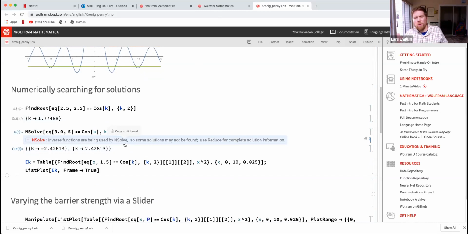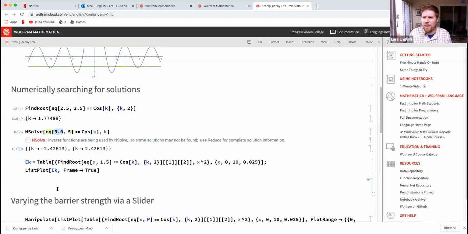Okay, so now we want to go a little bit further. We'd like to not have to specify x. So here I still have to specify x 3.0, for instance. I'd like to scan through a whole bunch of x values, and for each x value, I'd like it to find the corresponding k value that satisfies the governing equation.